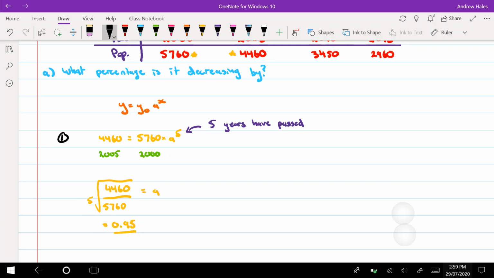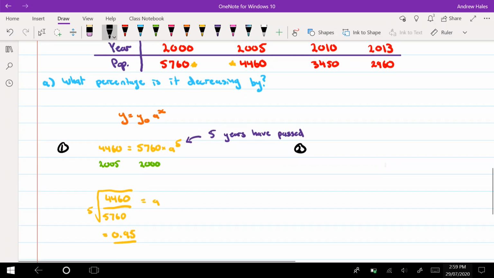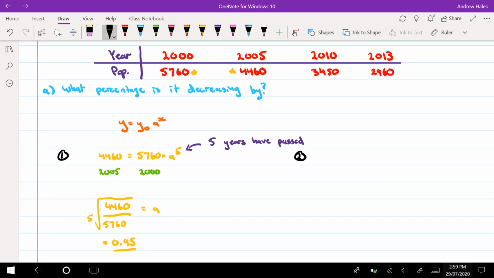Well, I'm going to do another one as well. I'm going to do 2010 and 2005. So just another example. So 3450 equals 4460 times a to the 5. Because again, 5 years have passed.